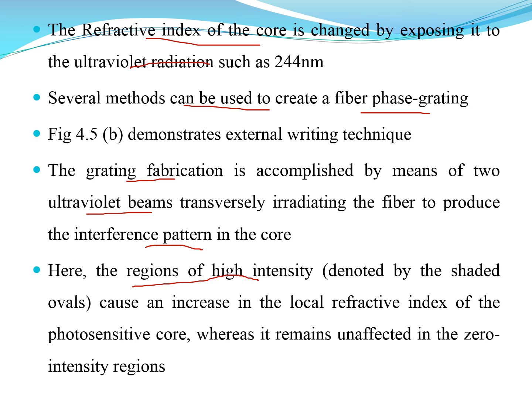We have the regions of high intensity, which are denoted by shaded ovals in the diagram, which cause an increase in the refractive index of the photosensitive core, but it remains unaffected in the zero intensity regions.